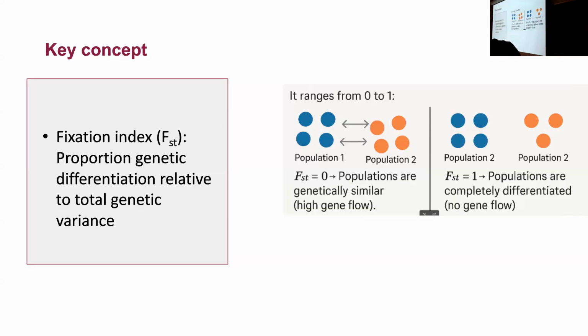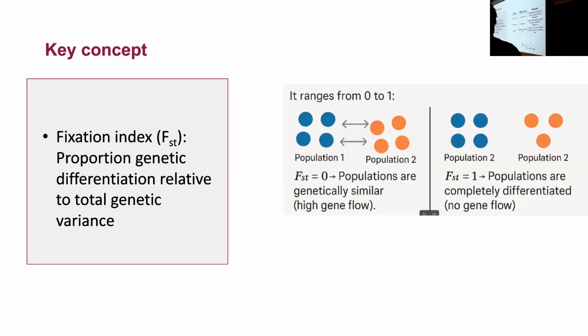So when they are completely differentiated, there's no gene flow between them and no other forces acting, they have a very high FST. These range from 0 to 1. So when they reach 1, they don't share anything between them, and they cannot even be considered the same species.